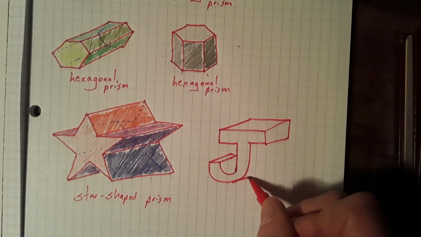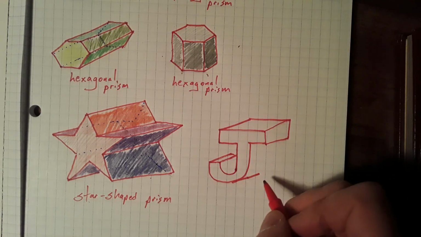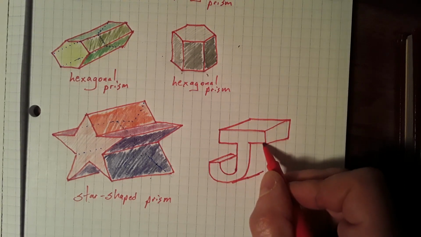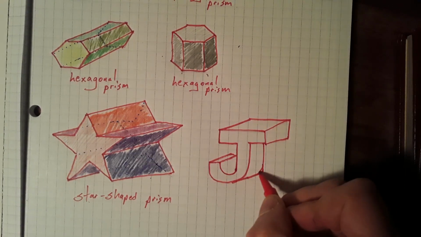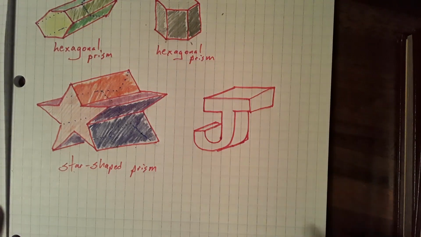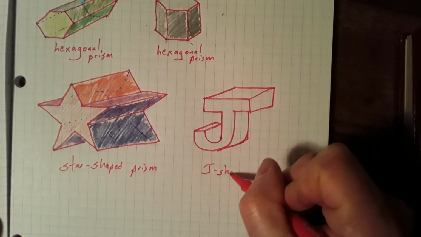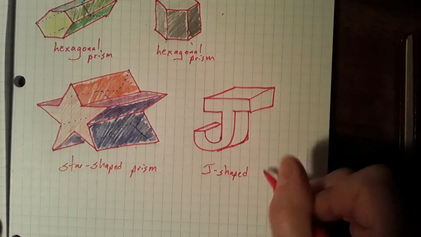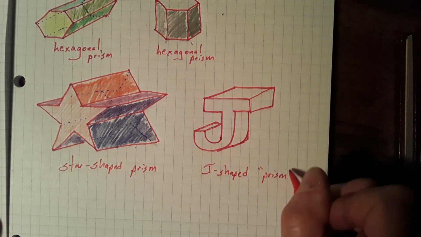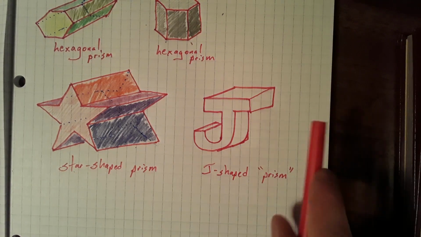I'll talk more about this next week. I'm doing this quickly. I hope I'm doing it right. I'll just go like that. Probably needs a little bit of a curve there. Not perfect at all. And this is J-shaped. It is technically not a prism, but it is close enough. That curve there makes it not a prism.